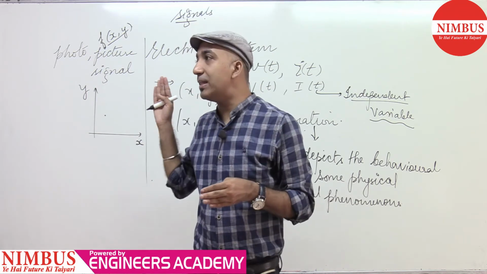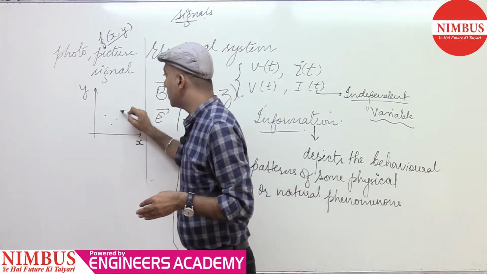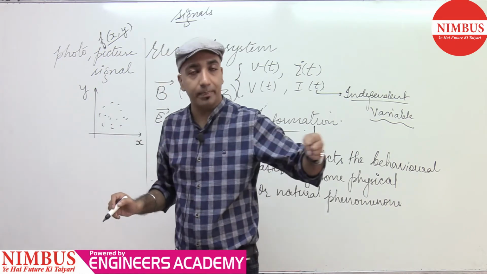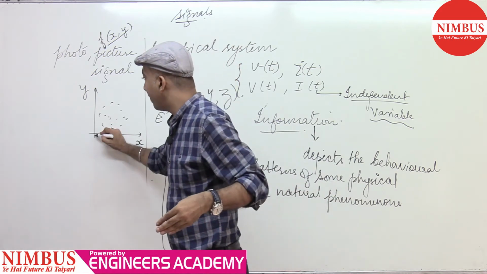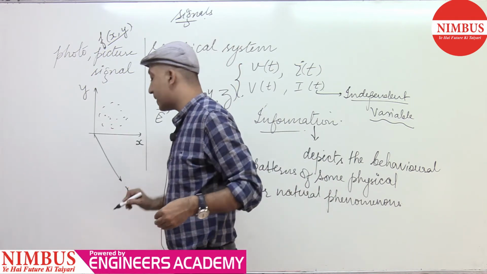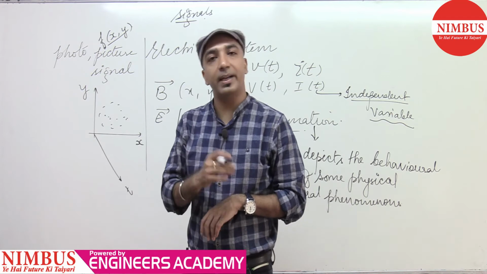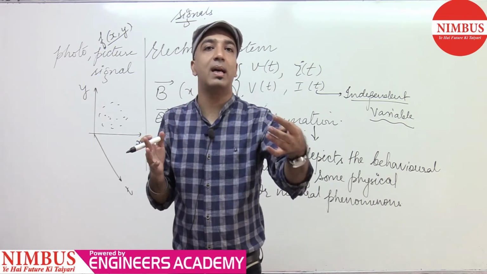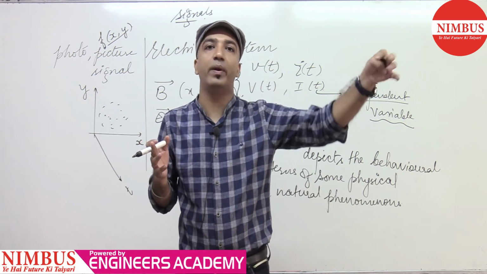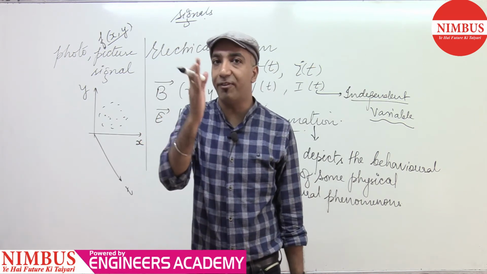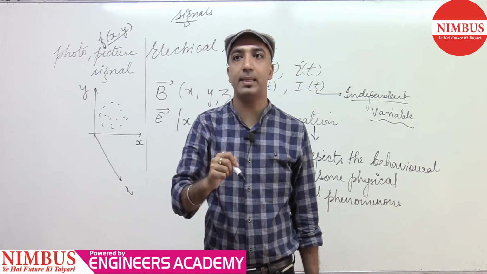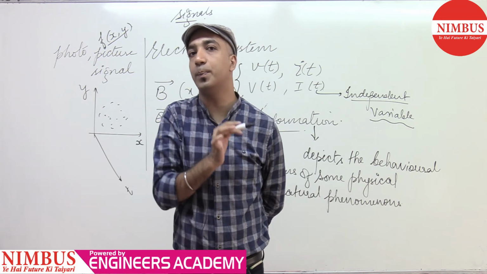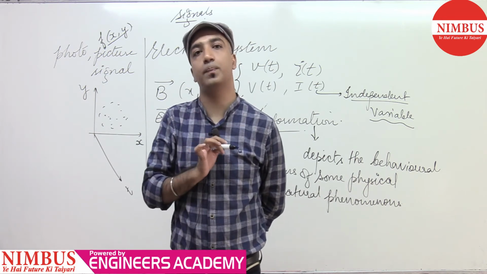So if these points start moving with respect to time, and you have another axis as time, definitely a picture could be visualized as a moving video. Moving frames of these points is nothing but a video.